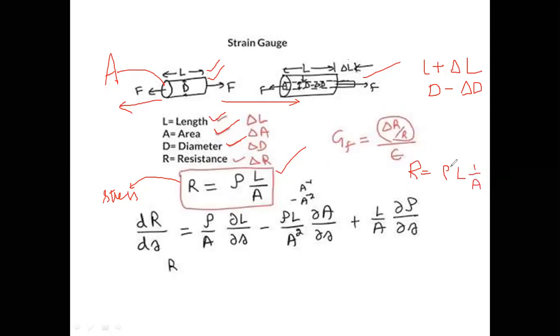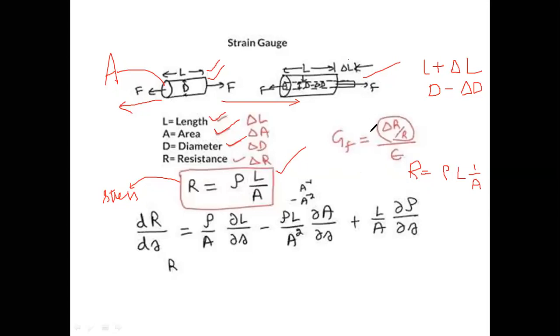Rho L by A, rho into L into 1 by A. So differentiate this R with respect to stress, because I'm applying stress now. Due to stress, there is a change in resistance.